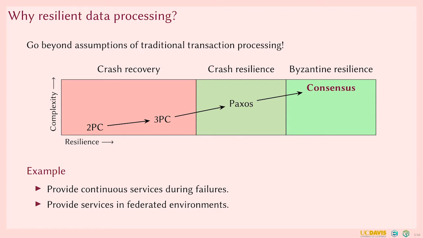And by enabling this kind of Byzantine resilience, we also hope to enable new types of applications, for example, applications that can provide services during failures, during attacks, on the one hand, and on the other hand, applications that thrive in a federated environment in which many different participants contribute together to managing the data. And of course, in such a diverse environment, some participants will sometimes make errors configuring the systems, will disconnect from the network, and we need to be able to deal with that. And Byzantine resilience is a nice framework that can help achieve that.